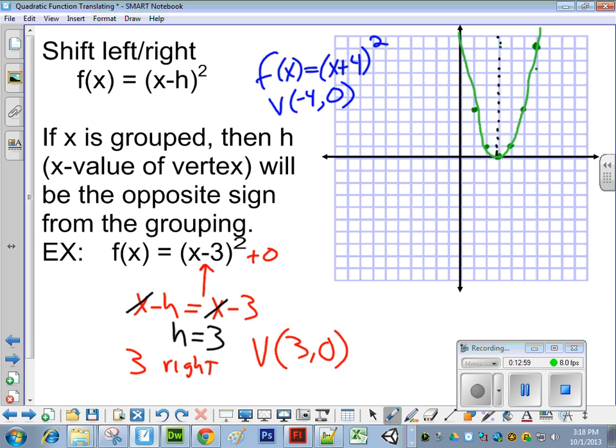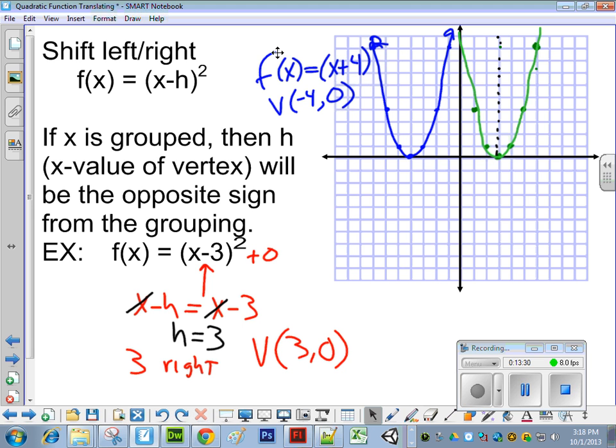So I'm going to graph that very quickly. 1, 2, 3, 4 is my vertex, and my relative 0, 0. 1 and 1, 2 and 4, 3 and 9. My mirror points will be across the axis of symmetry. 1, 2, 3, 1, 2, 3. So this doesn't look exactly like that.